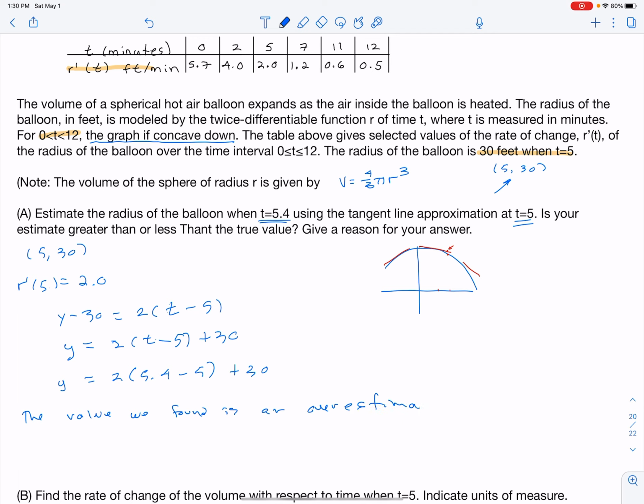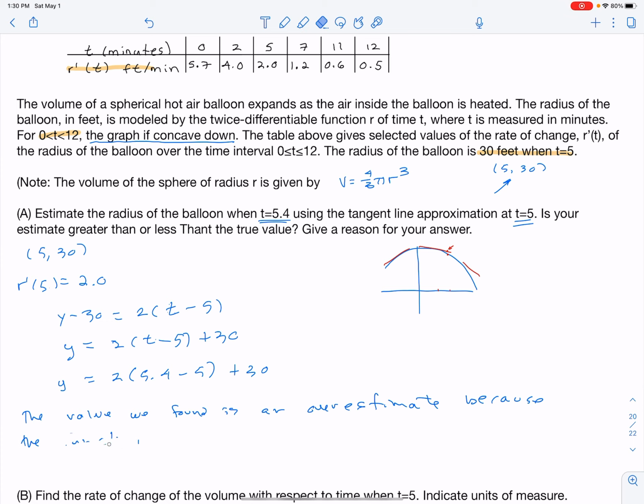Why? Because the function is, let's see, I'm going to say the radius function.